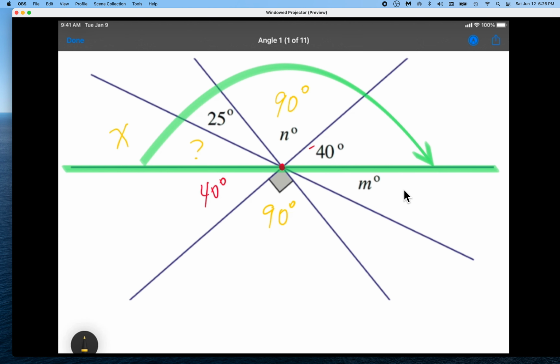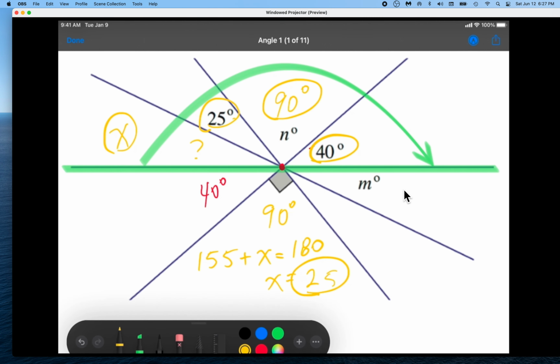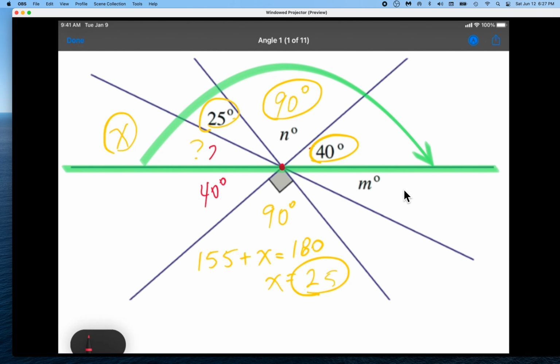So we're going to have x plus 25 plus 90 plus 40 is going to give us 180 degrees. So 40 plus 90 is 130. Add 25, that's 155. So 155 plus x is going to equal 180. Subtract 155 from both sides, and this x value is going to be 25 degrees. Okay. Again, once you have a value, write it in.